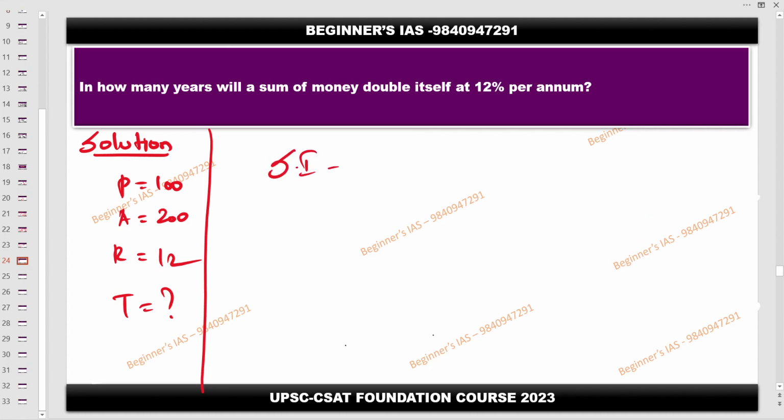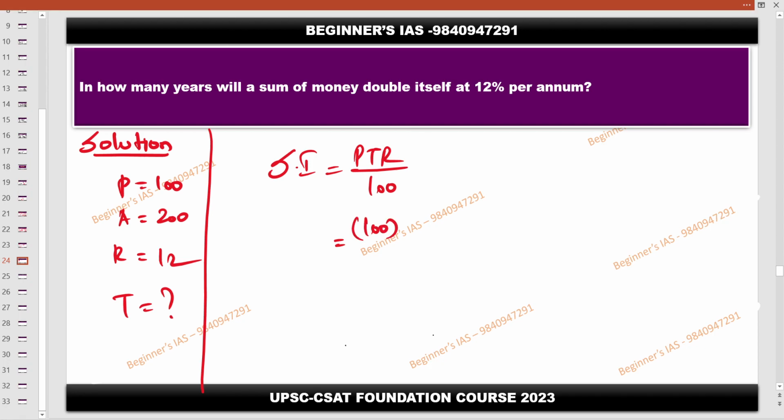So SI is equal to PTR by 100. Then the principal is 100. You can use this one also, but you need to calculate that. Amount is equal to principal plus interest. Then interest is equal to 100. How is interest equal to 100?